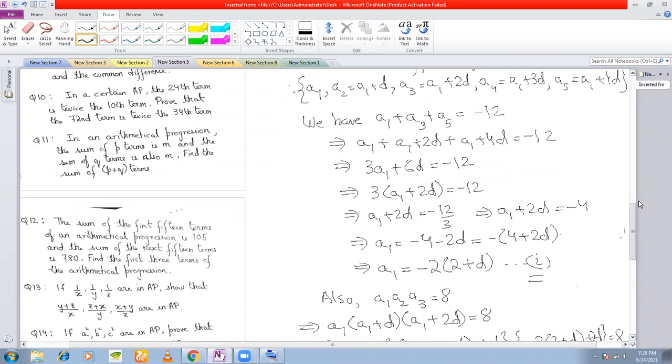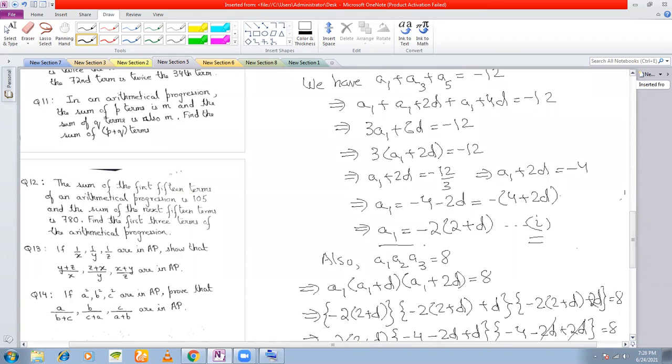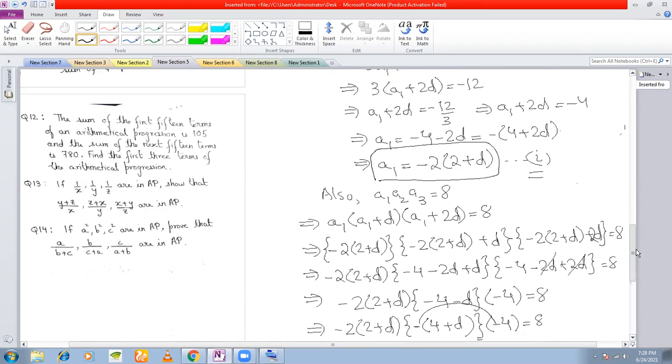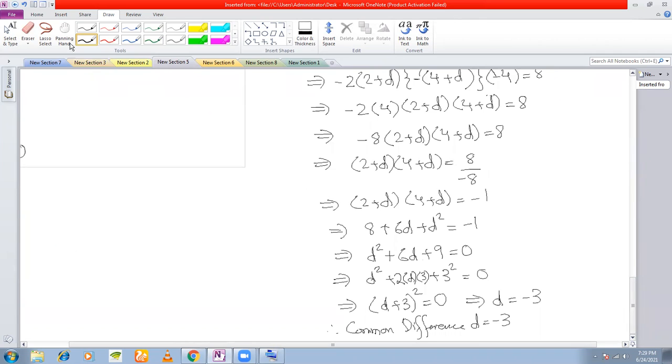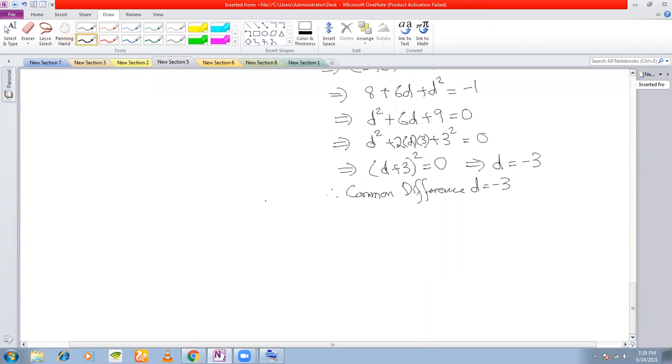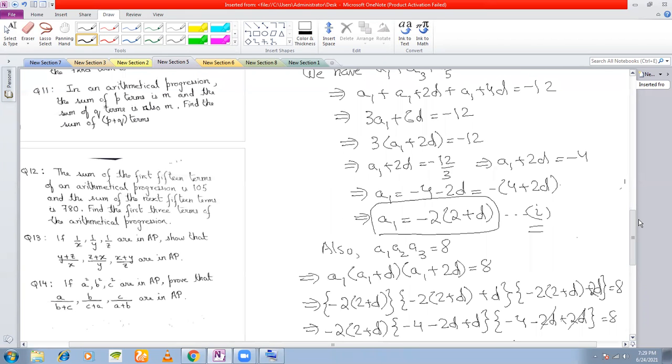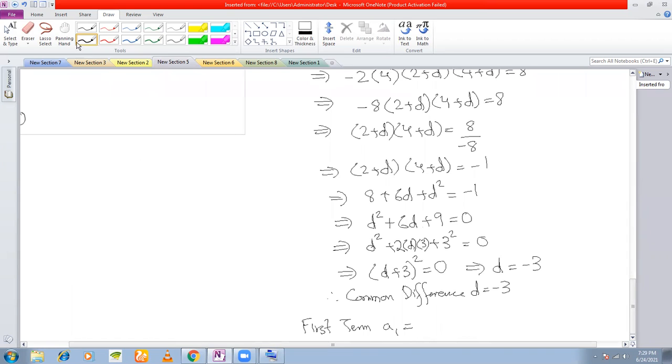What are the equations given here? From 1, what is the first term? A1 in terms of d, you can find the first term from d. First term A1 is equal to, what was the expression there? From 1, A1 minus 2 into 2 plus d.